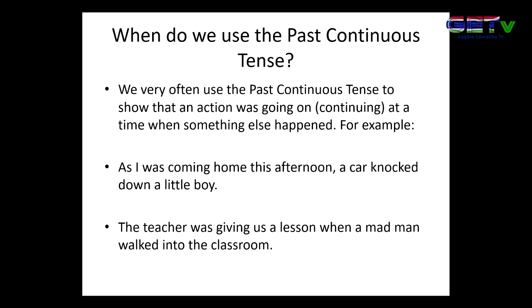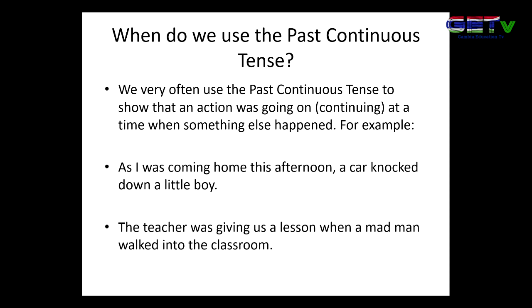As I was coming home this afternoon, a car knocked down a little boy. Before the car knocked down the little boy, I was already in that action of coming home, which I started maybe from school and then going home on the road. I have not reached where I was going, but I have already departed from where I was coming from.